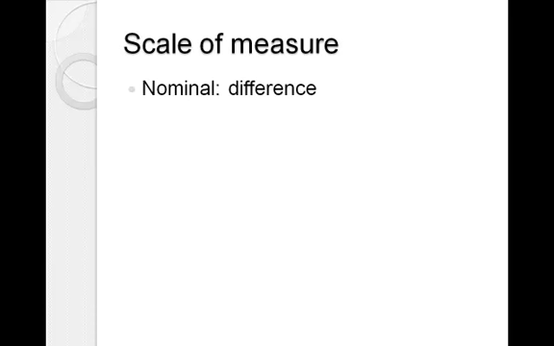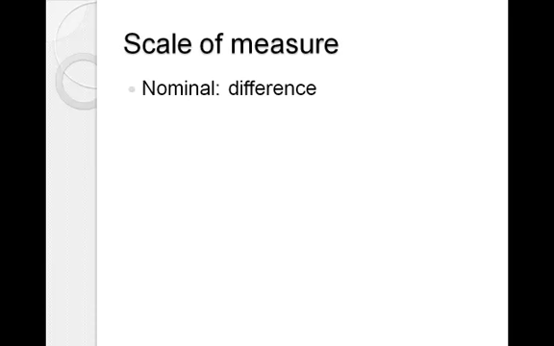So if I'm going to say, okay, you're this and you're this, I can tell they're different. Say I've done stuff to people, you're passed out and you're awake, and we have some drug study. That would be on a nominal scale. But I can't say that you're more awake than you are passed out.